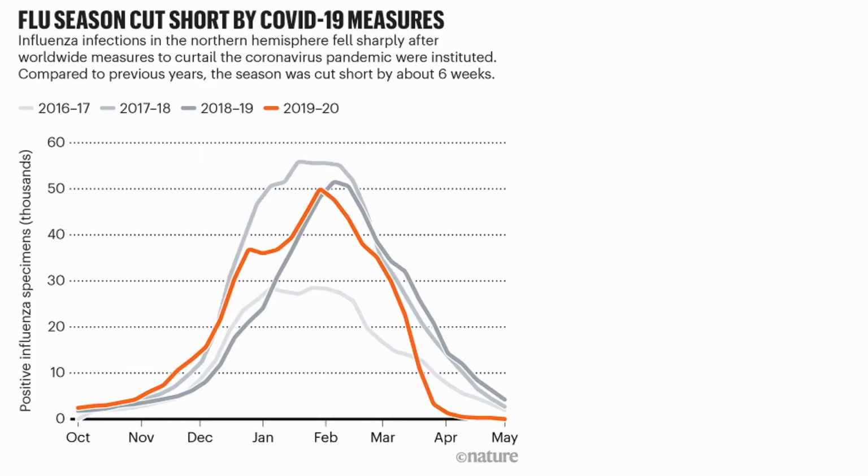For example, this graph shows the number of positive flu tests throughout flu season from October to May in 4 different flu seasons, 2016 to 17, 2017 to 18, 2018 to 19, and then this year when we were all dealing with coronavirus, 2019 to 2020.